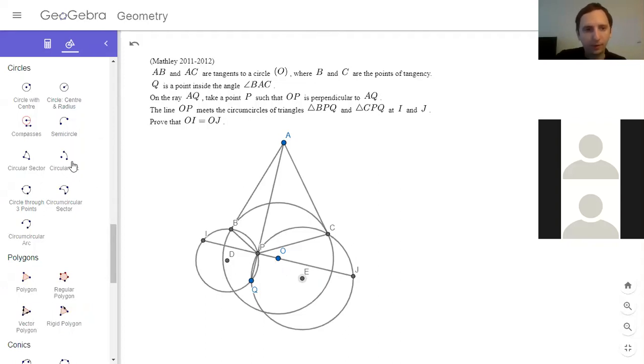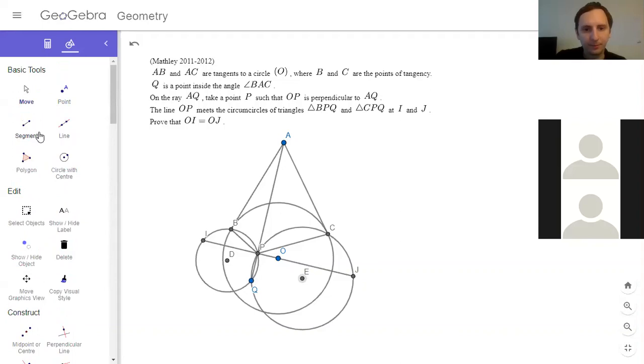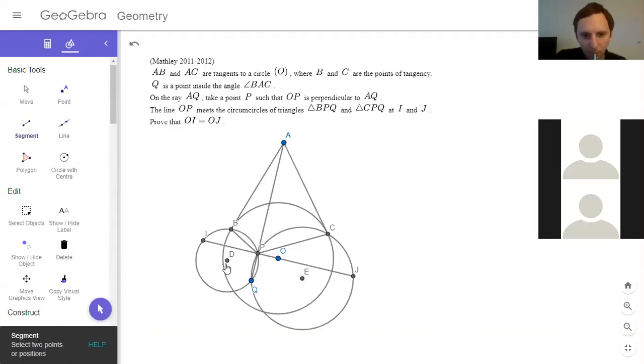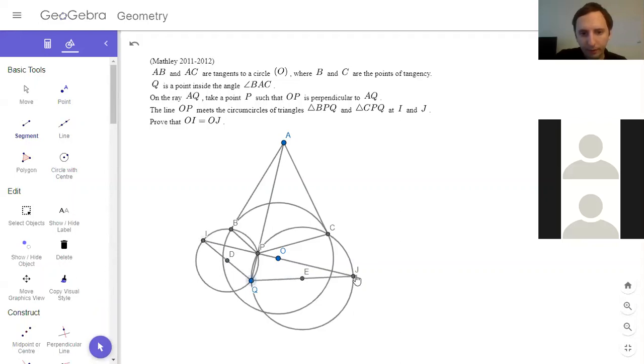But we know OP is parallel to DE, right? In fact, I think we kind of have a midsegment here. So basically, we know D is the midpoint of IQ and E is the midpoint of JQ.